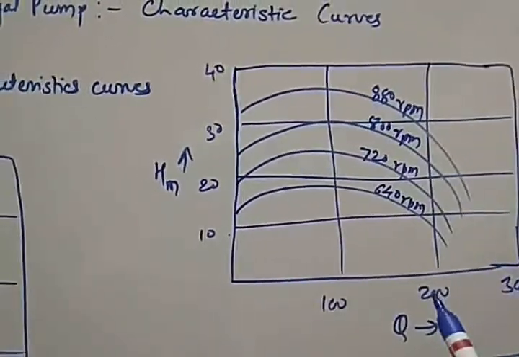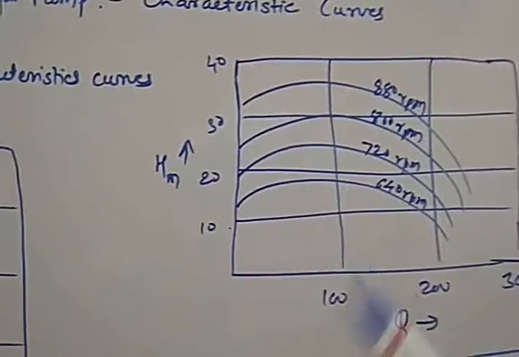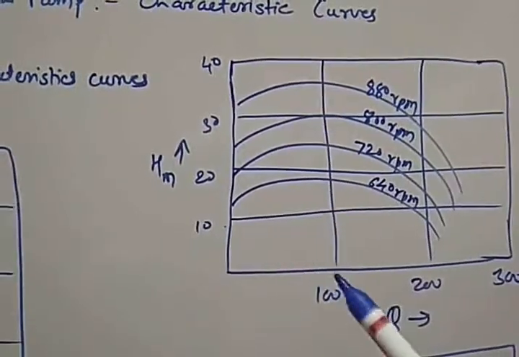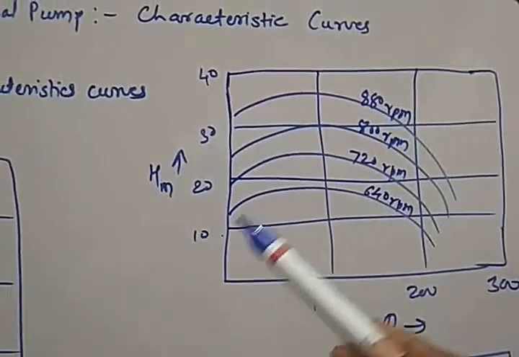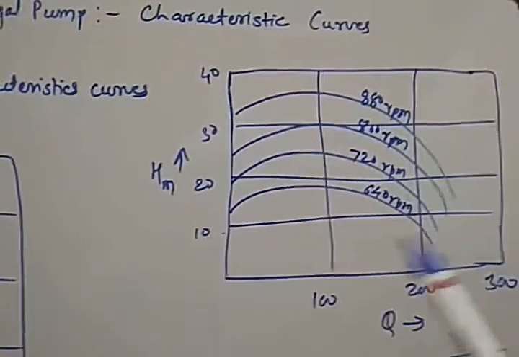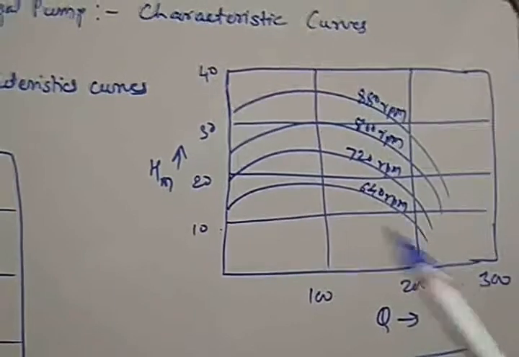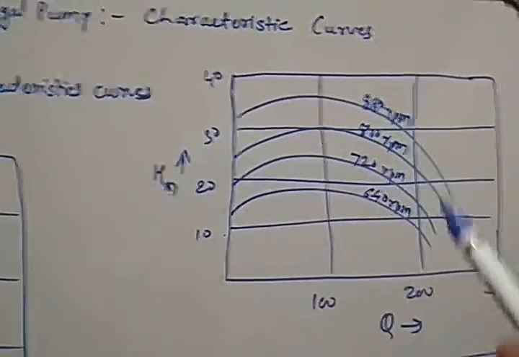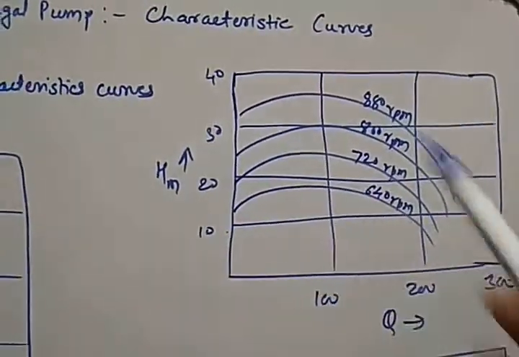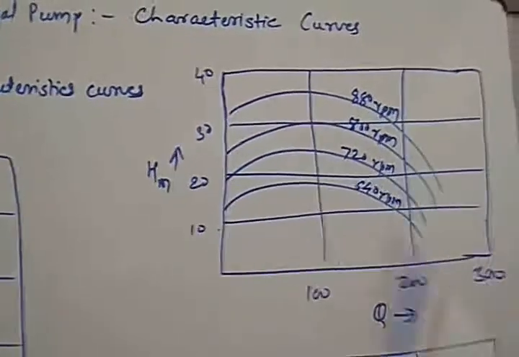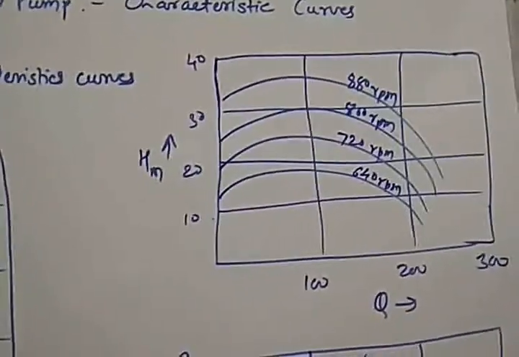Q is varied with the help of the delivery valve. First I plot the graph for, let's say, 640 rpm, getting a number of values of HM and Q. Then I follow the same procedure for 720 rpm, 800 rpm, 880, and so on, getting curves for a number of rpm.